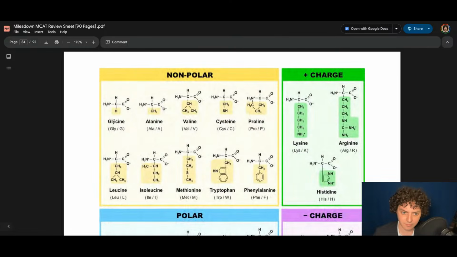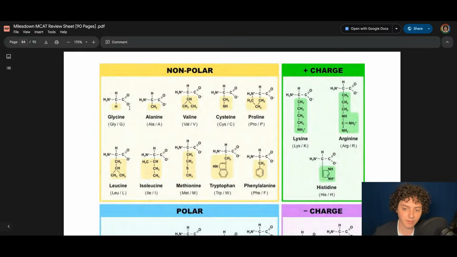So this is the first of the 20 amino acids. One is glycine. Before I go into the 3-letter abbreviation, I want to say that the amino acid names are abbreviated in 2 different formats. One is a 3-letter abbreviation, and one of them is a 1-letter abbreviation.